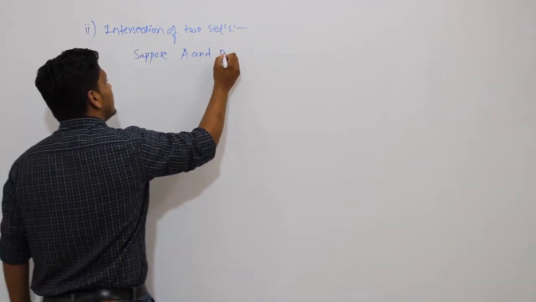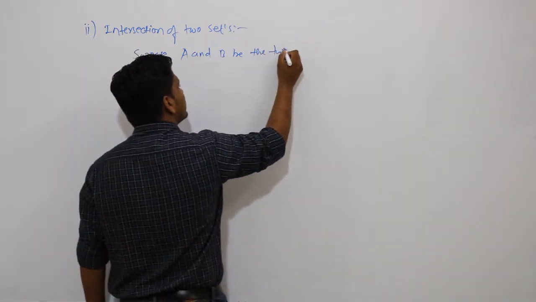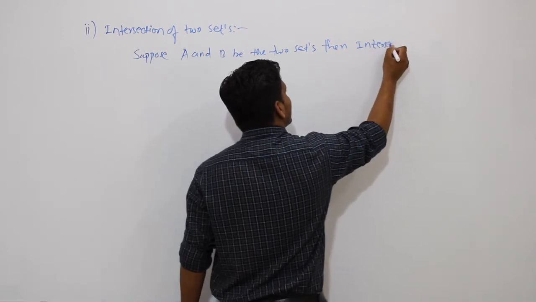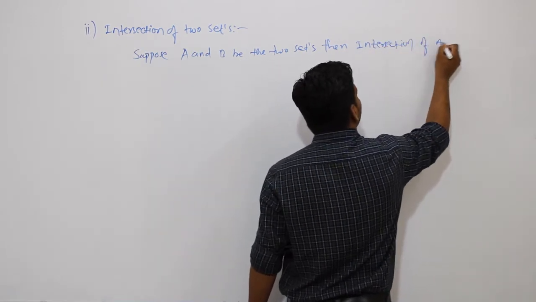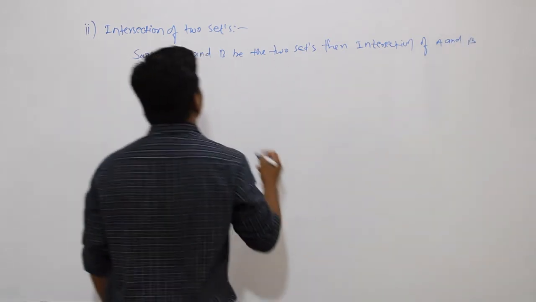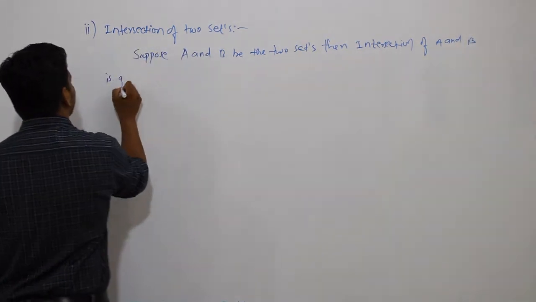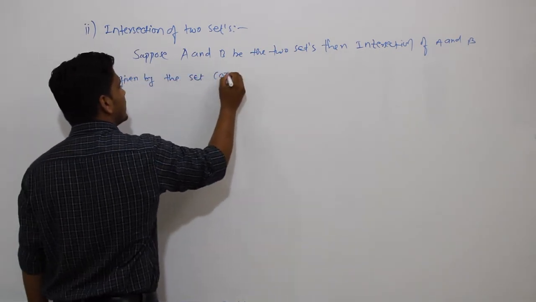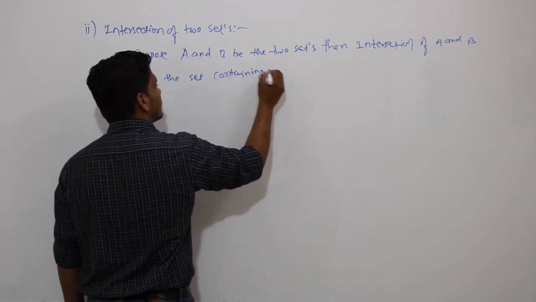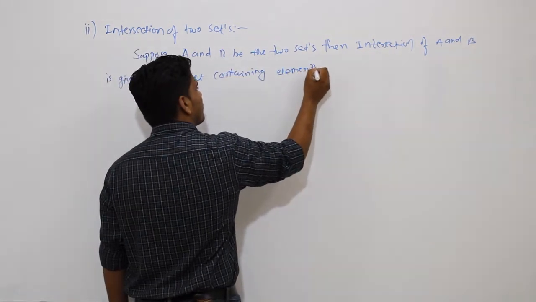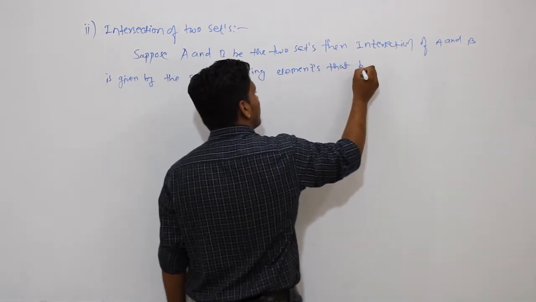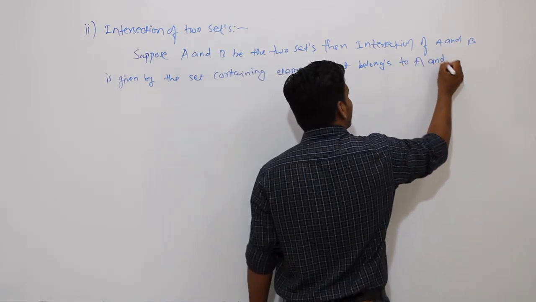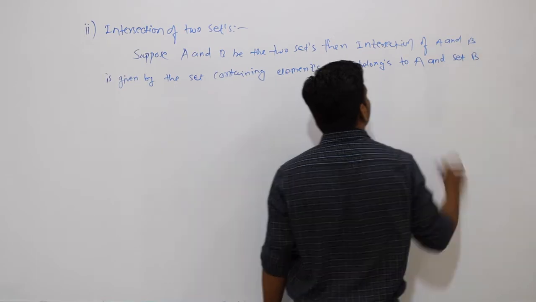Means here, suppose A and B be the two sets, then your intersection of A and B is given by the set containing elements that belong to set A and set B. Okay?